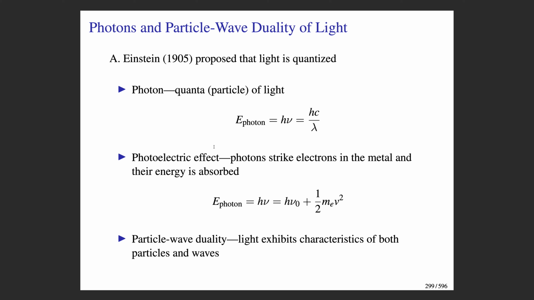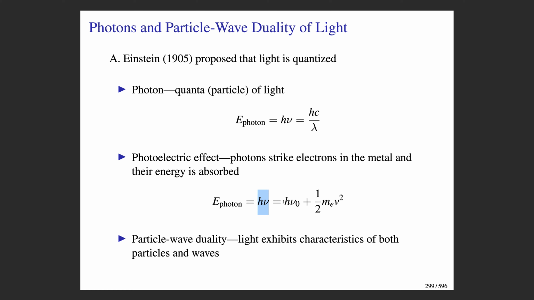The idea here is that photons, little particles of light, strike the metal and transfer their energy to the electrons within the metal. Einstein used a conservation of energy argument to explain the observations in the photoelectric effect. The energy of the photon is equal to h times nu, and that energy is divided into two parts.